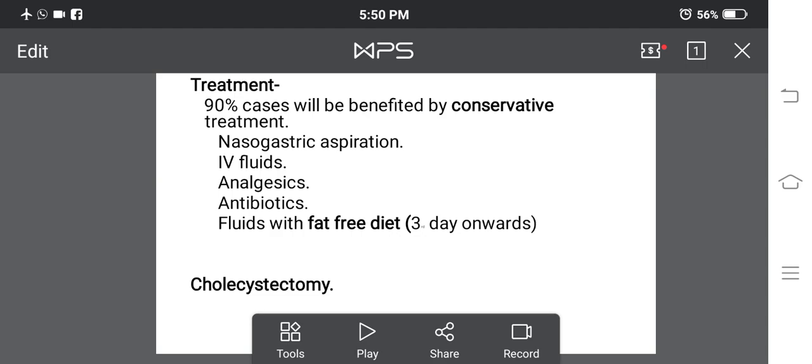Once again I will repeat, it occurs when the neck of gallbladder is obstructed by stones, or it may occur in a malignant condition where, if the malignancy is present in the cystic duct, then the neck of gallbladder is obstructed and there will be a formation of mucocele.